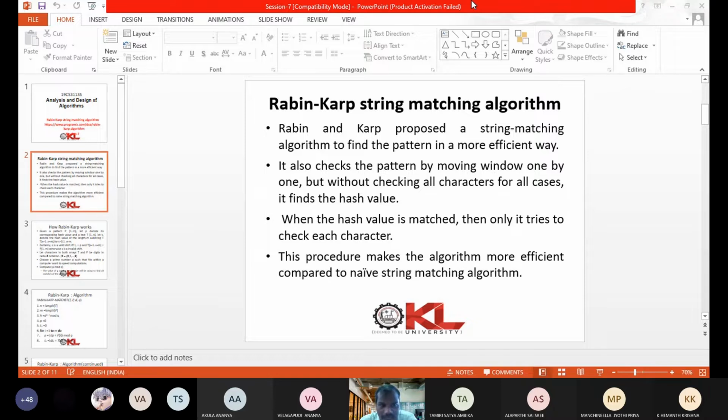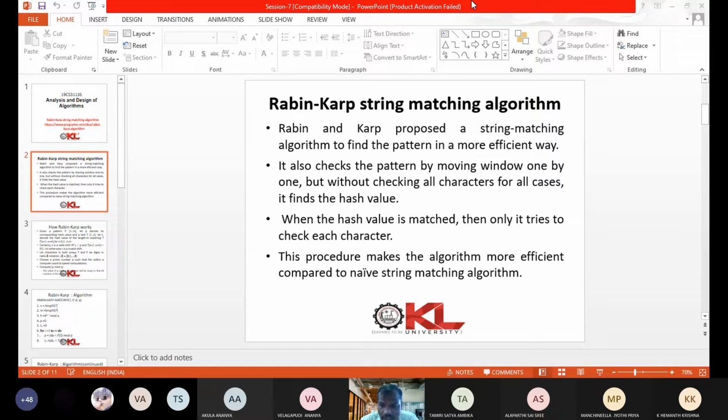Like the Naive algorithm, the Rabin-Karp algorithm also slides the pattern one by one. The principle is the same. It will slide the pattern one by one, but unlike the Naive algorithm, the Rabin-Karp algorithm matches the hash value of the pattern with the hash value of the current substring of the text.